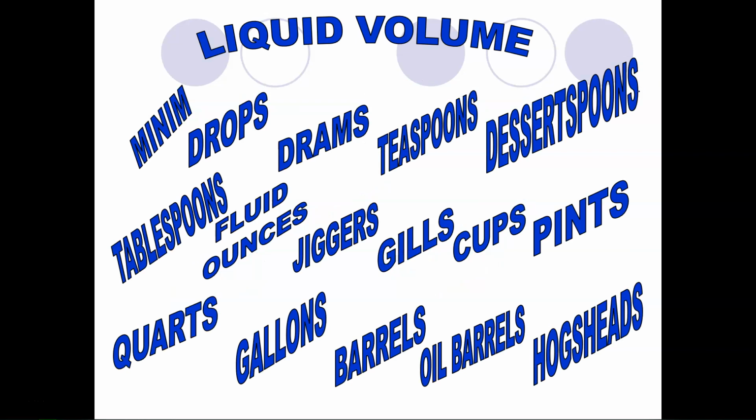There is no real consistency about any of this. Because if you go for something like drops versus drams versus teaspoons, dessert spoons, tablespoons, cups, pints, quarts, gallons, barrels, oil barrels, and hogsheads. And yes, there is such a thing as a hogshead as a measurement. I don't know who came up with it.